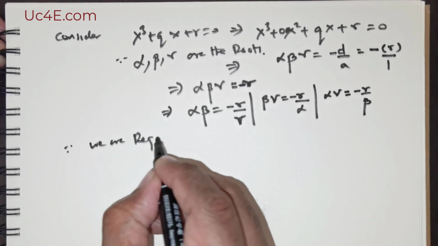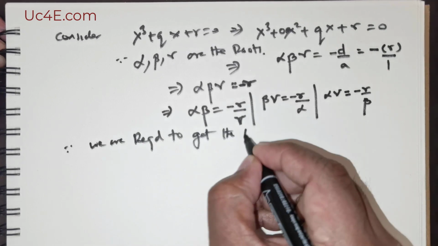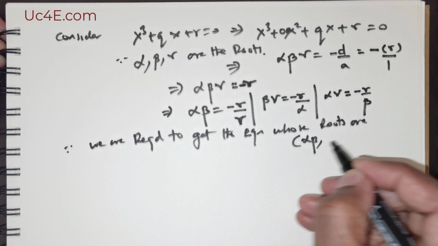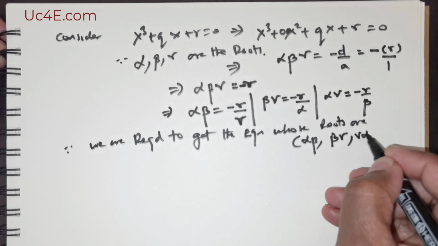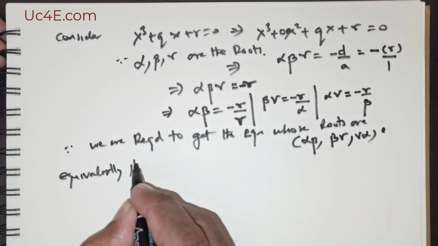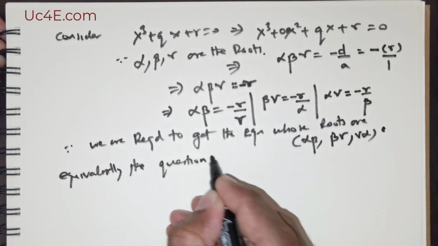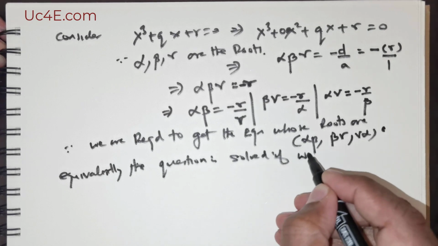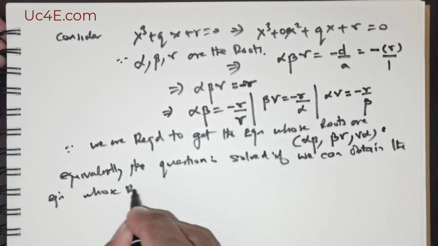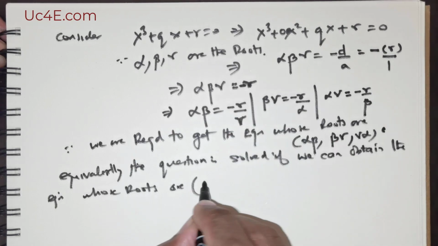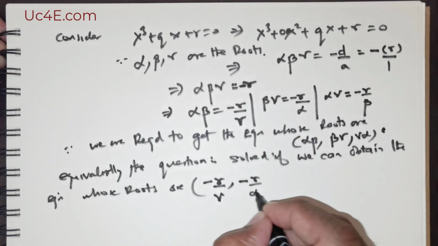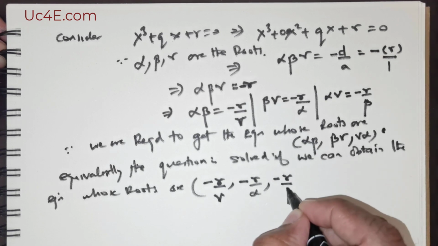Since we are required to get the equation whose roots are alpha beta, beta gamma, gamma alpha, equivalently, the question is solved if we can obtain the equation whose roots are negative r over gamma, negative r over alpha, negative r over beta, right?